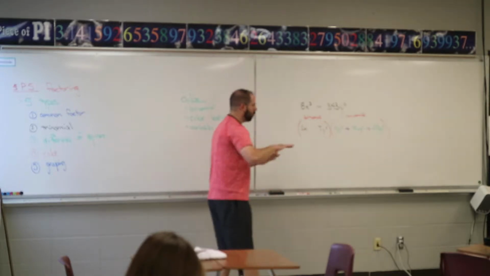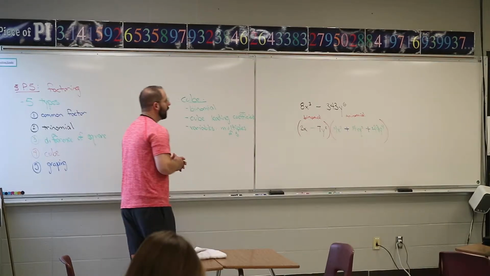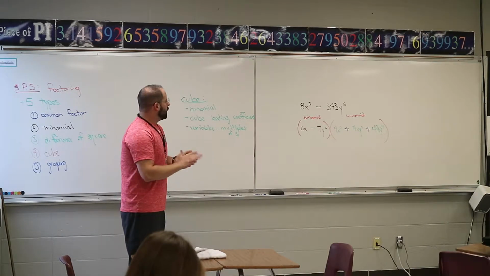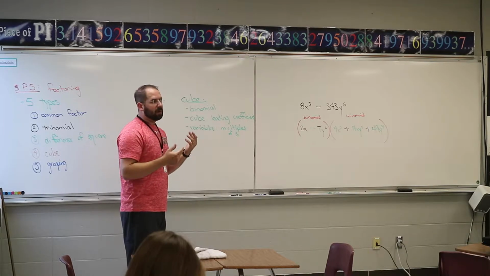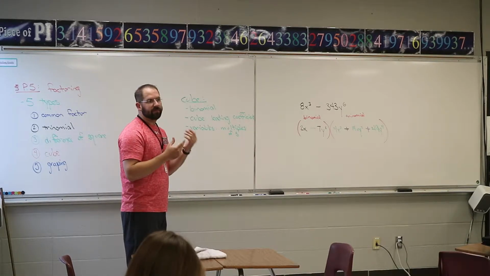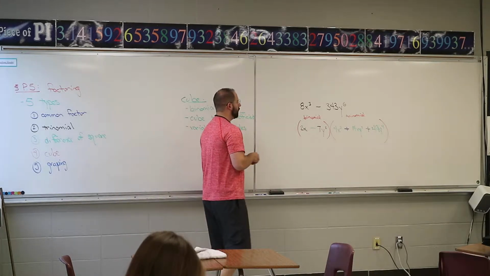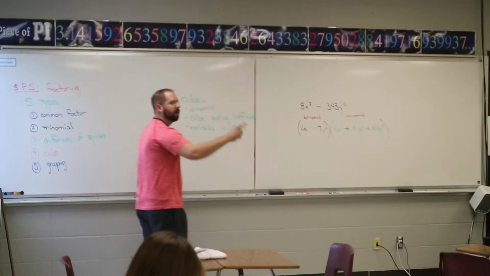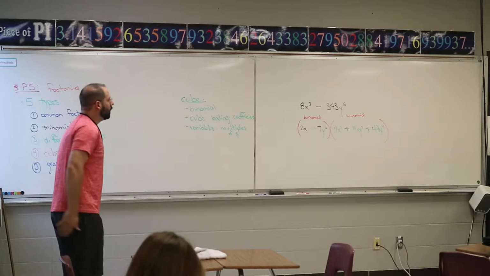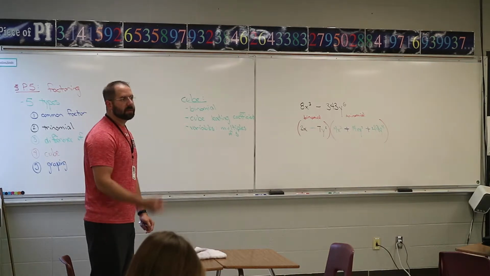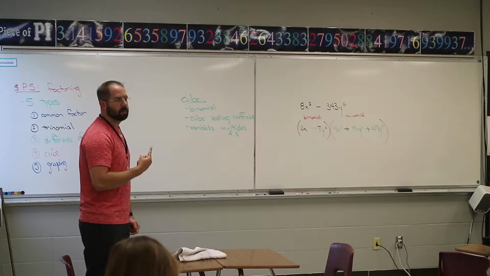It's not possible. It doesn't work that way. And the front shouldn't have anything else, as long as you've already taken out common factors. But there's a rare case where it could, and we'll see that later. That's that one rare example I want to show you. All right, questions, comments about this problem now?